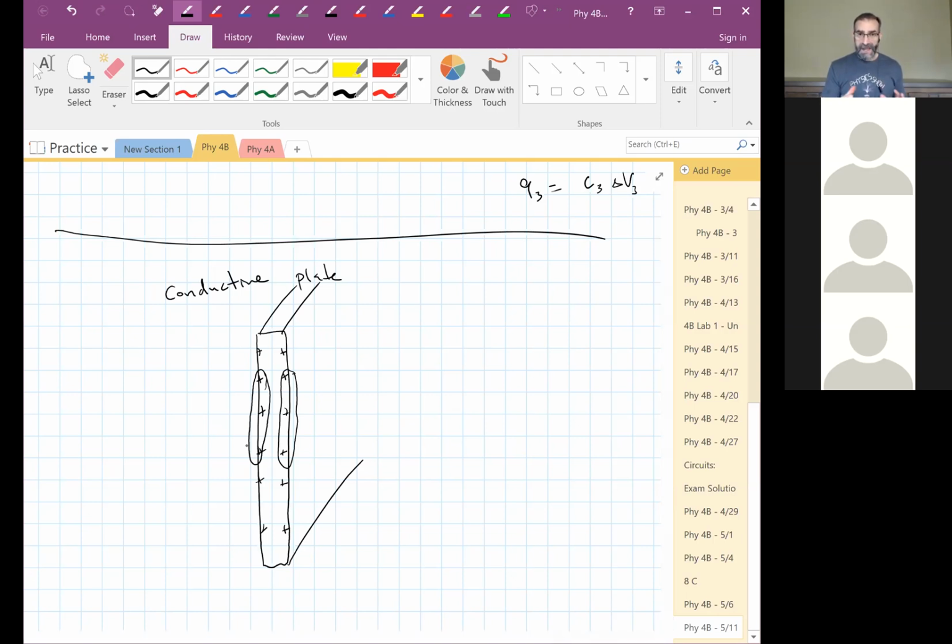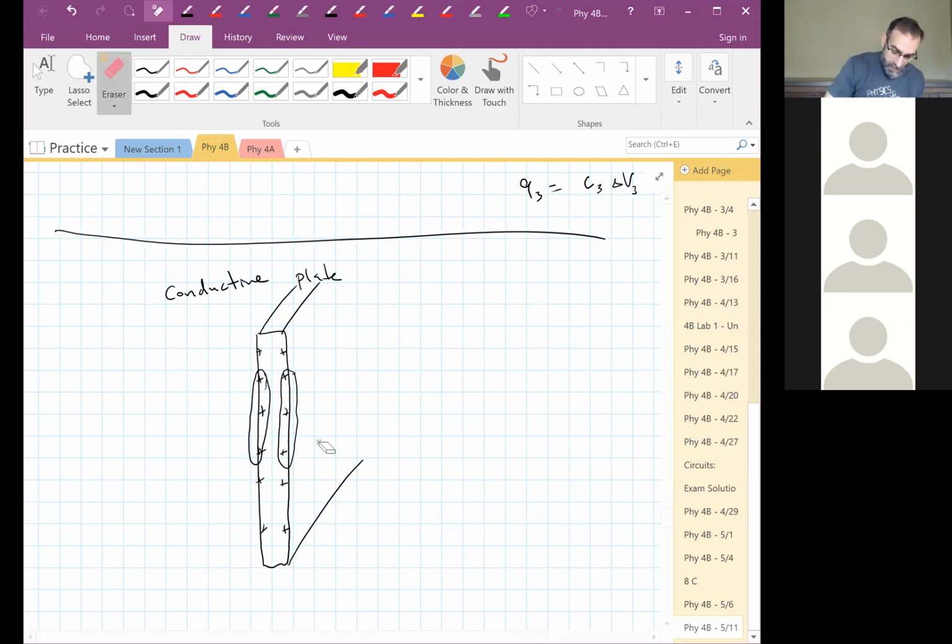So sigma is defined a little differently. With an insulator, the charge stays wherever you put it. So usually when you put charge on the face of an insulator, you put it all on one side, and then that's your sigma, charge over area. You don't have to worry about half of it moving to another surface.